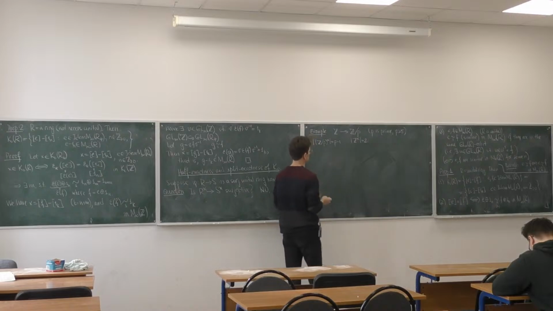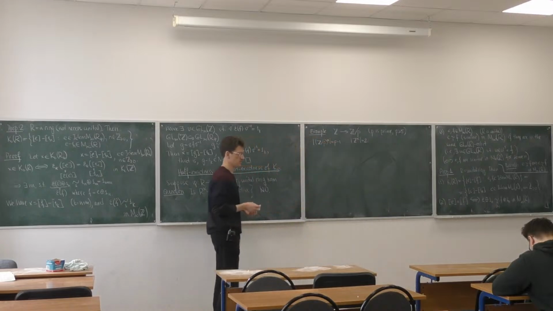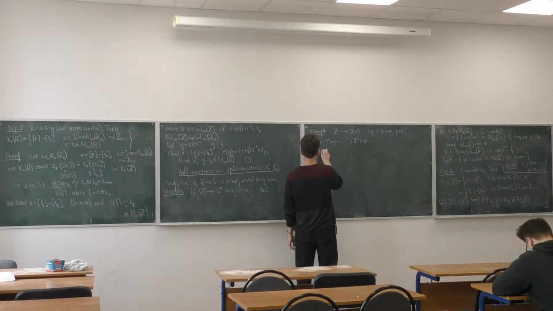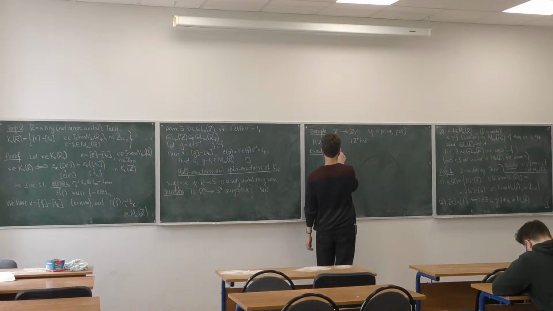Of course, these rings are very far from being C-star algebras. We are mostly interested in C-star algebras. But it's also quite easy to construct a similar example in the C-star algebra setting. Let's take the closed unit disk D. This is the closed unit disk on the complex plane.